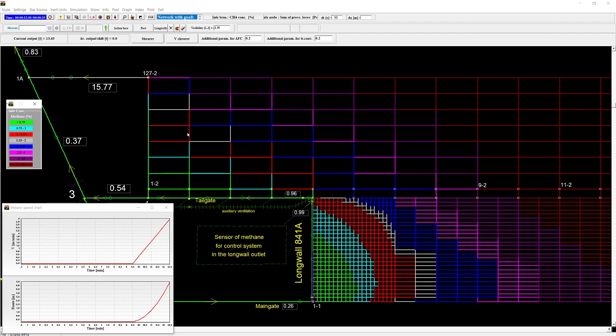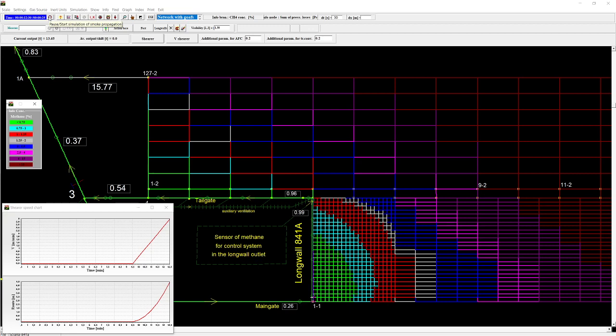So let's start our simulation. During this simulation, we will see the shearer which advances along the Longwall. Its current cutting speed will be shown in this graph, and in the graph below there will be the position of the shearer during the cut. So let's start the simulation.